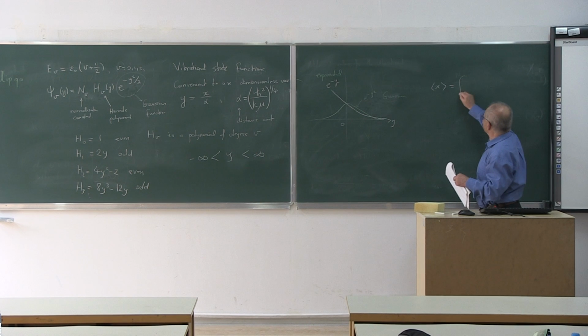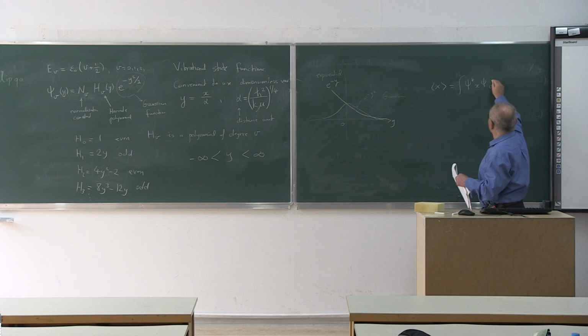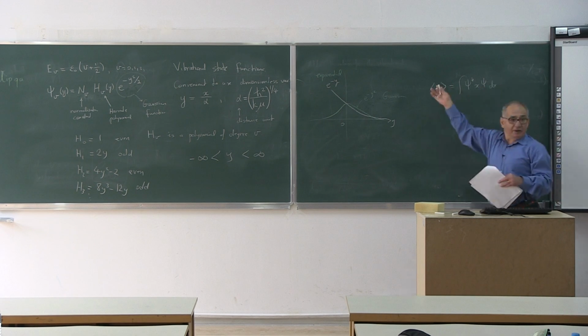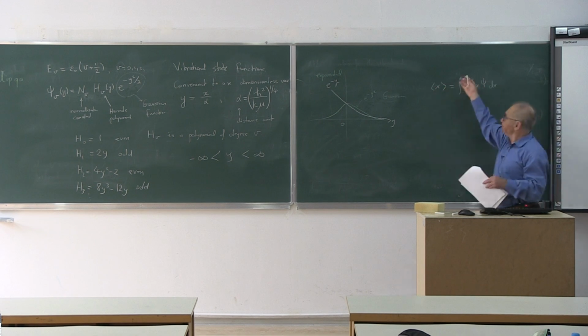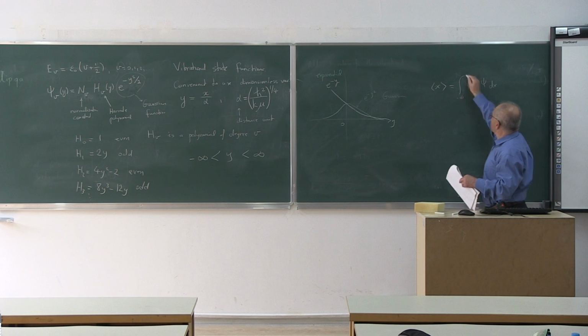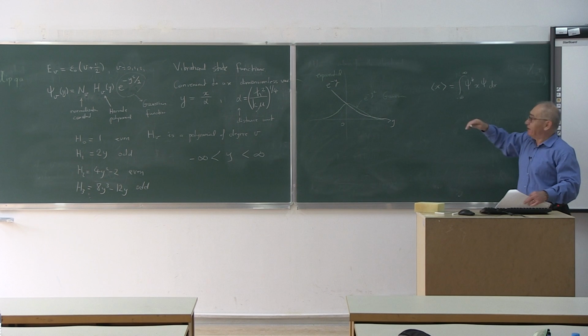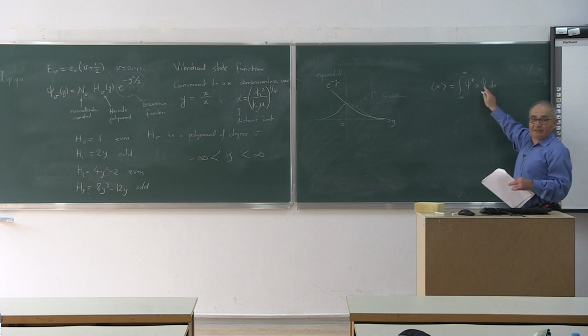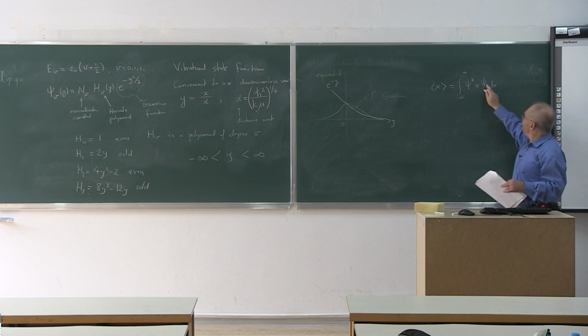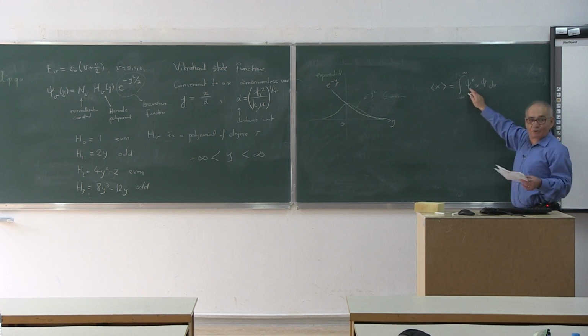The definition is, all right, it is this, from minus infinity to plus infinity. Now, if you know that psi is an even function, then psi times this factor is also even.